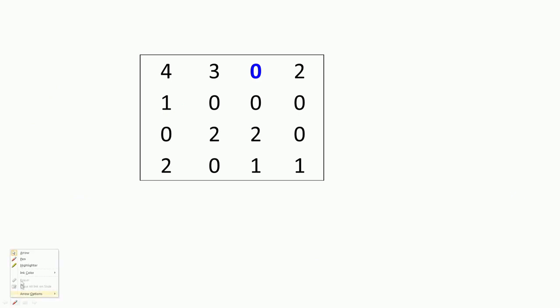I look at the first row, it has only one 0, so I make an assignment, and when I make an assignment, this 0 will go. That is shown by this x coming. Now, the second row has 2 zeros, so I do not make an assignment right now.